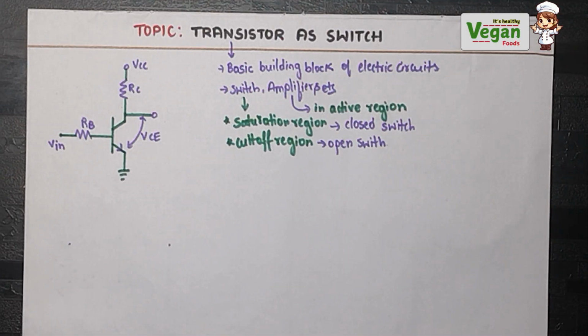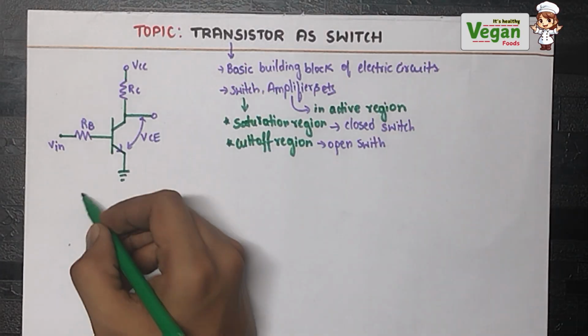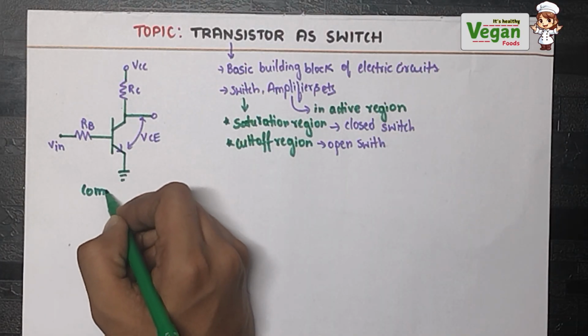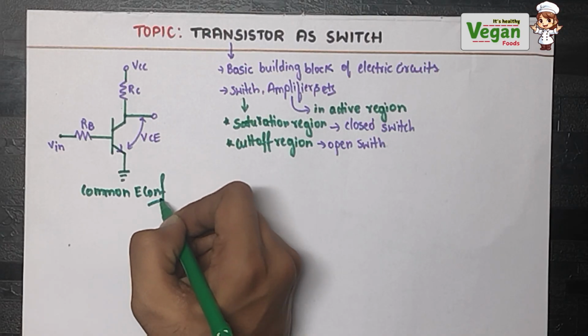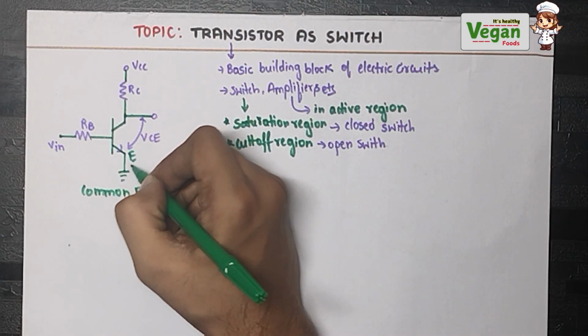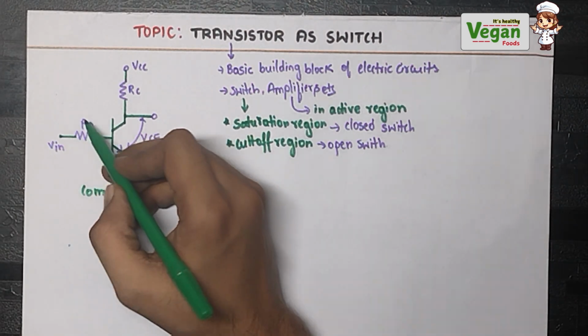Now let's discuss both these conditions, that is, when the transistor will be in the saturation region and when it will be in the cutoff region. In this circuit we are using the common emitter configuration, because the emitter terminal is grounded and Vin gives the input through the base terminal.